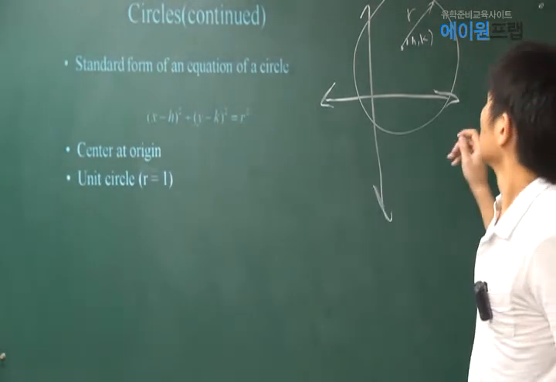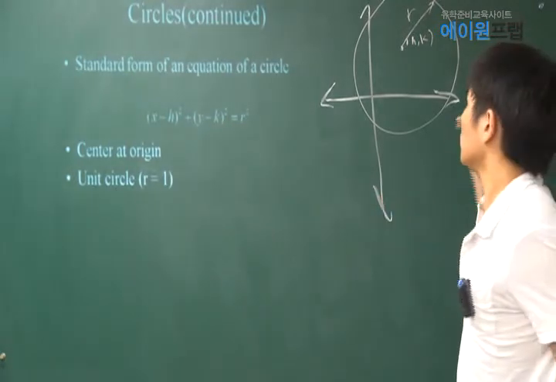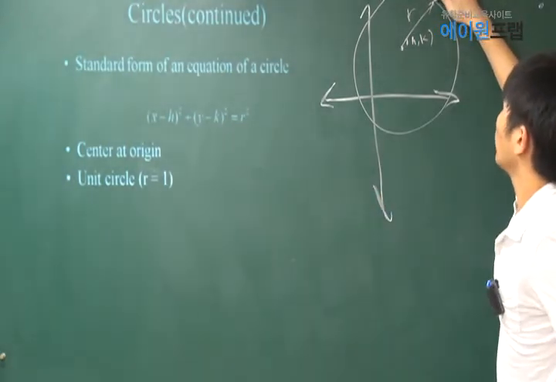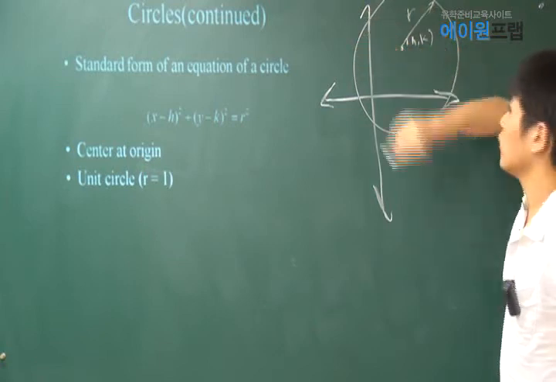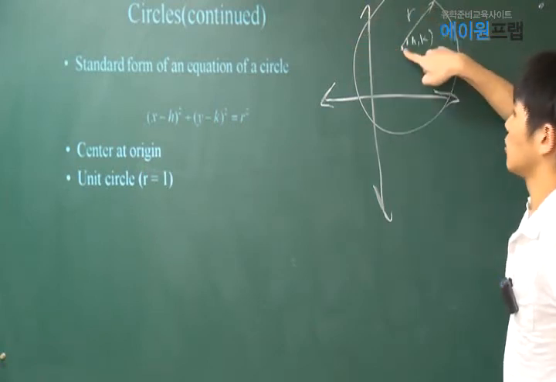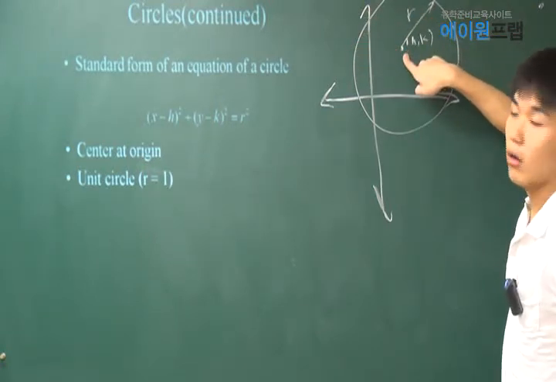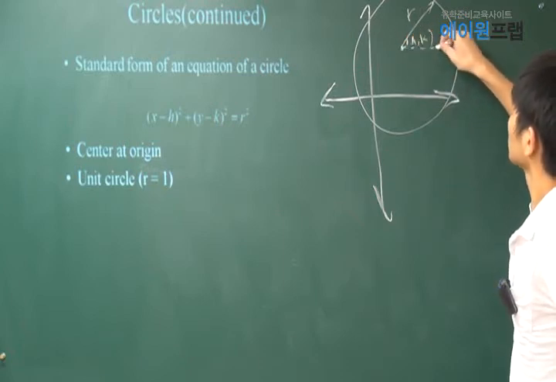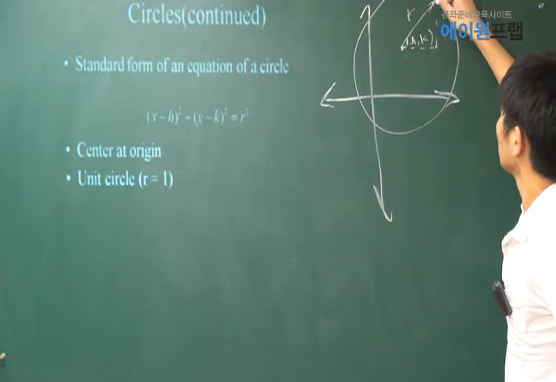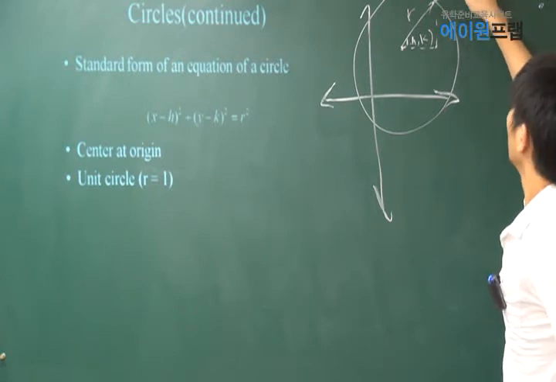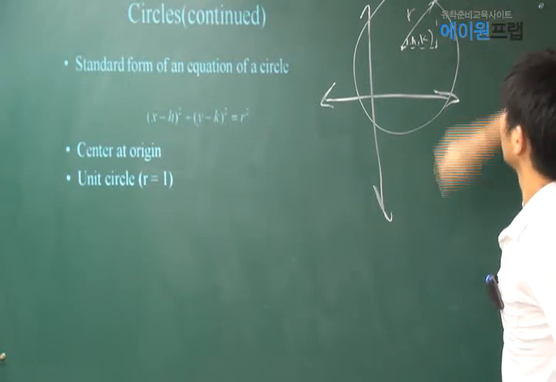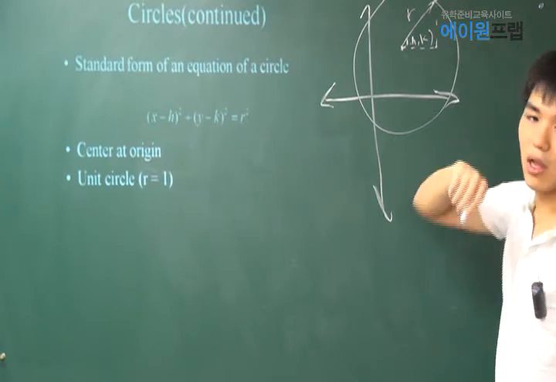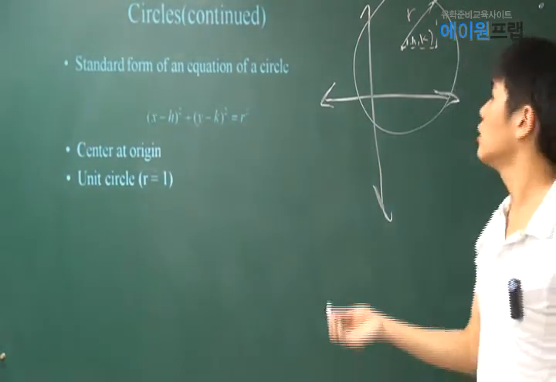First of all, the important thing about a circle is that every point on the circle has to be equidistant from the point in the center. So again, we can draw a triangle and call this point (x, y). Now, we can apply the distance function we just learned today.